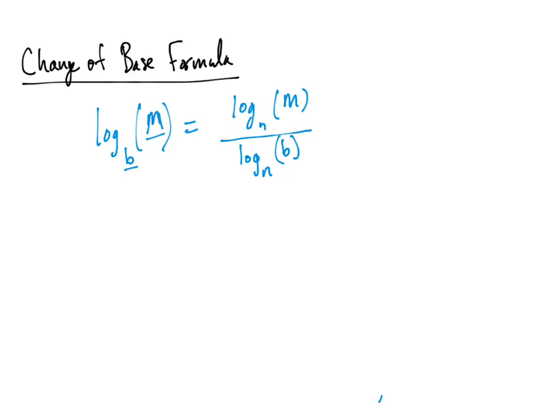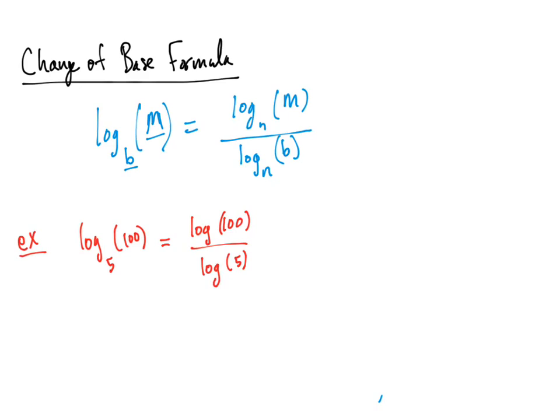So for example, if we have log base 5 of 100, we could rewrite this as log of 100 divided by log of 5. So I've rewritten this with log base 10. I've rewritten these as common logs.